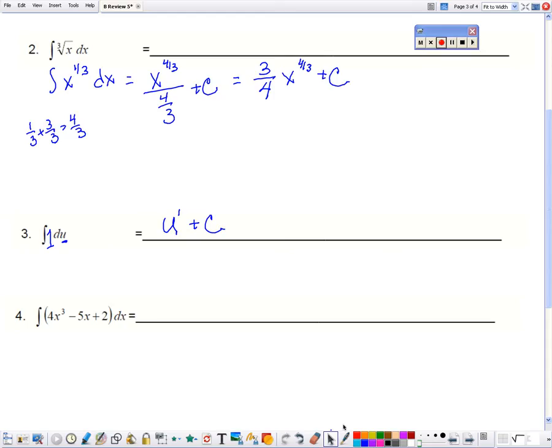Okay, so for number 4, we can individually write this so that the polynomial is split up.